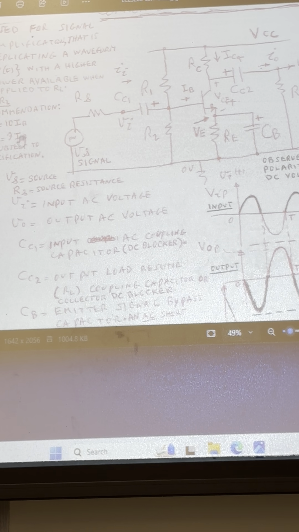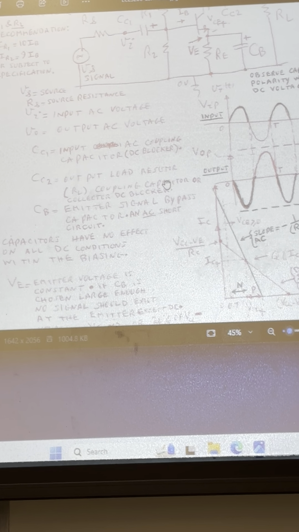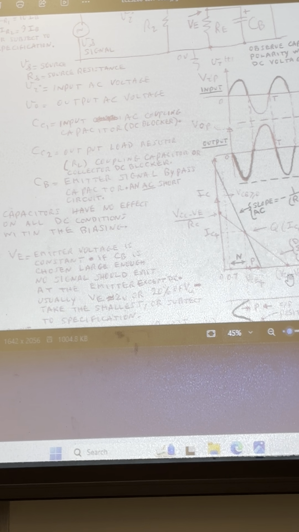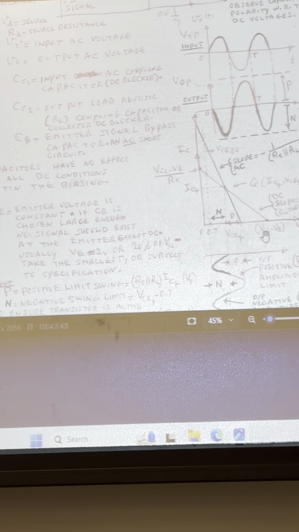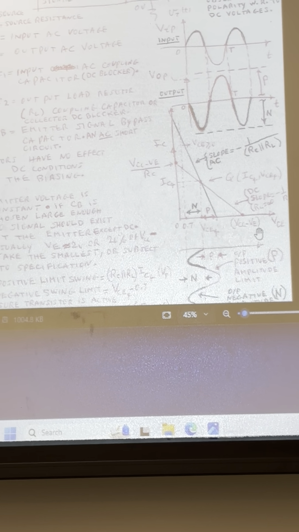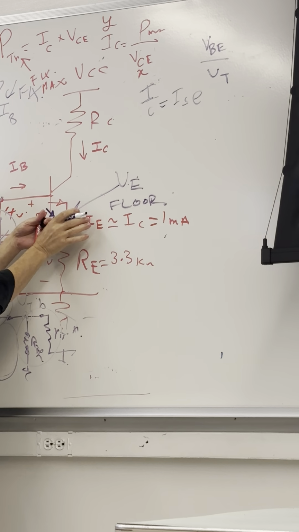So it says the significance of each capacitor, and here, the red one is the DC load line. Remember we have VCC minus VE, which is the VE you have chosen in here, that's the floor, a set value.